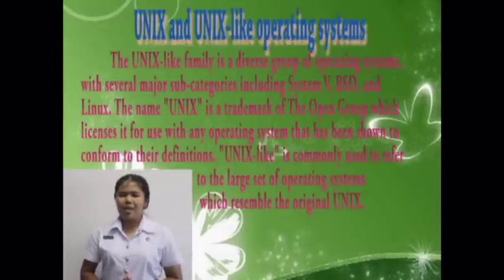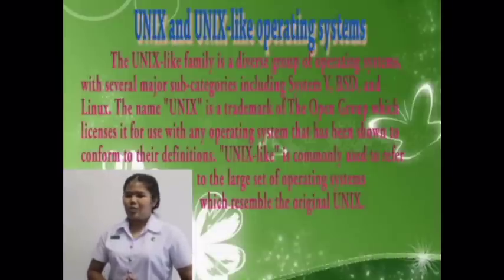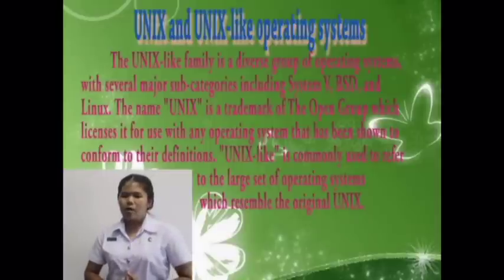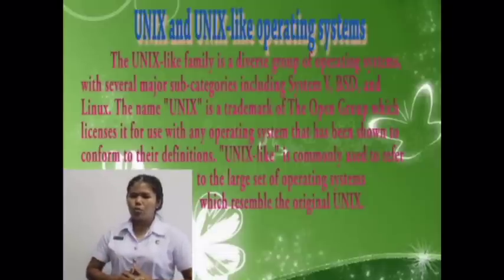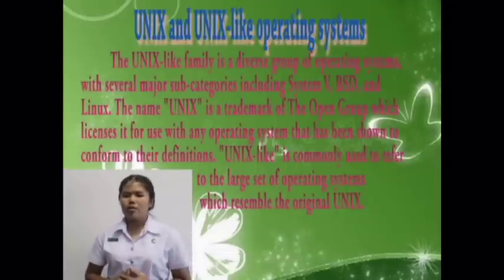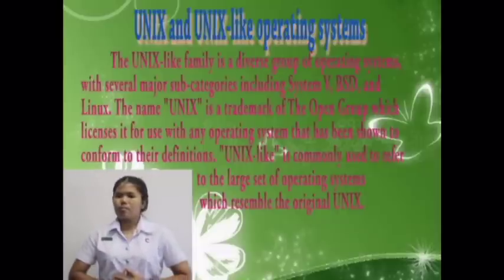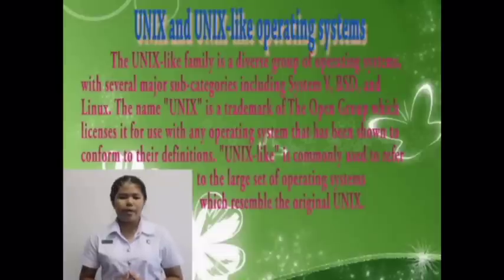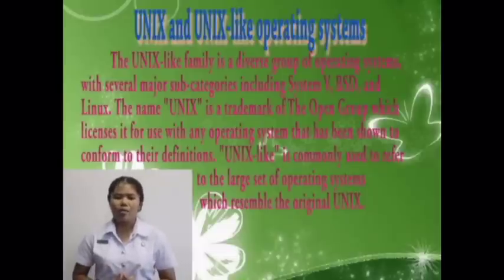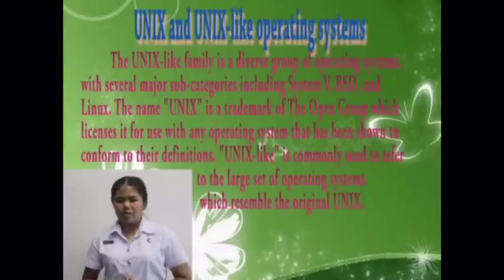The name Unix is a trademark of The Open Group, which licenses it for use with any operating system that has been shown to conform to their definitions. Unix-like is commonly used to refer to the large set of operating systems which resemble the original Unix.